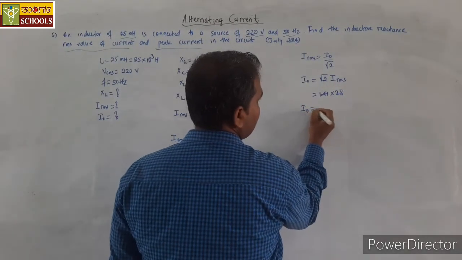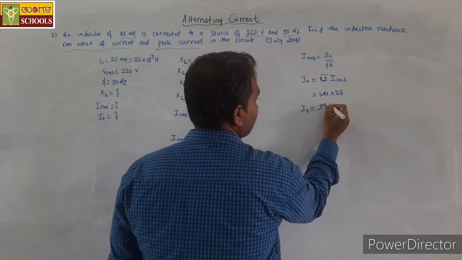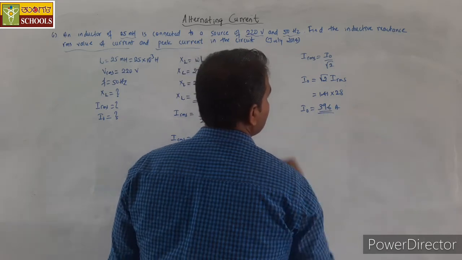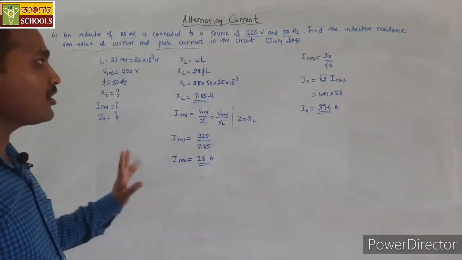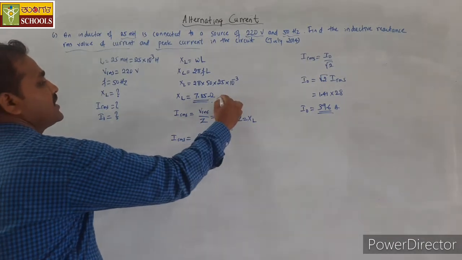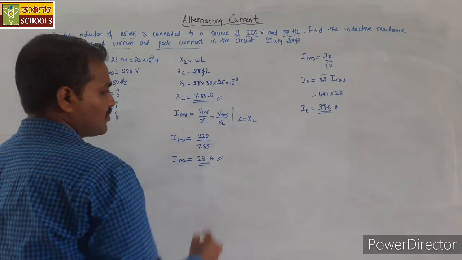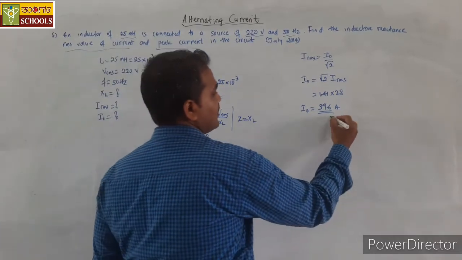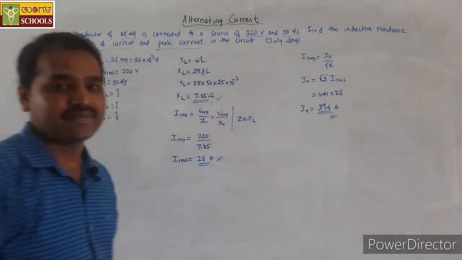By calculating this, I get 39.6 amperes. This is the solution for the given problem. This is the inductive reactance, this is the RMS value of the current, and this is the peak value of the current.